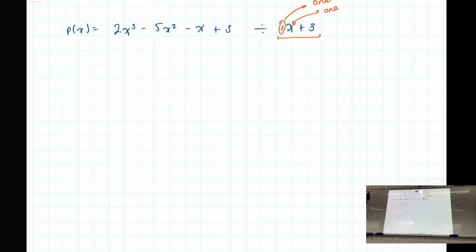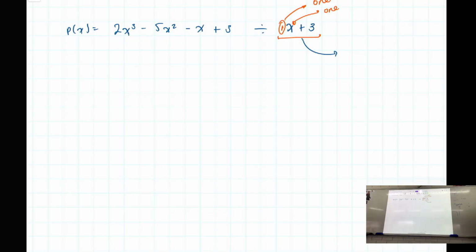Those must be 1. What I'm going to do next is, exactly as before with long division, do it in a different form. I'm going to take this for a second. When we took this one and wanted to get to this factor, we basically substituted the opposite of this value for x to give me 0.